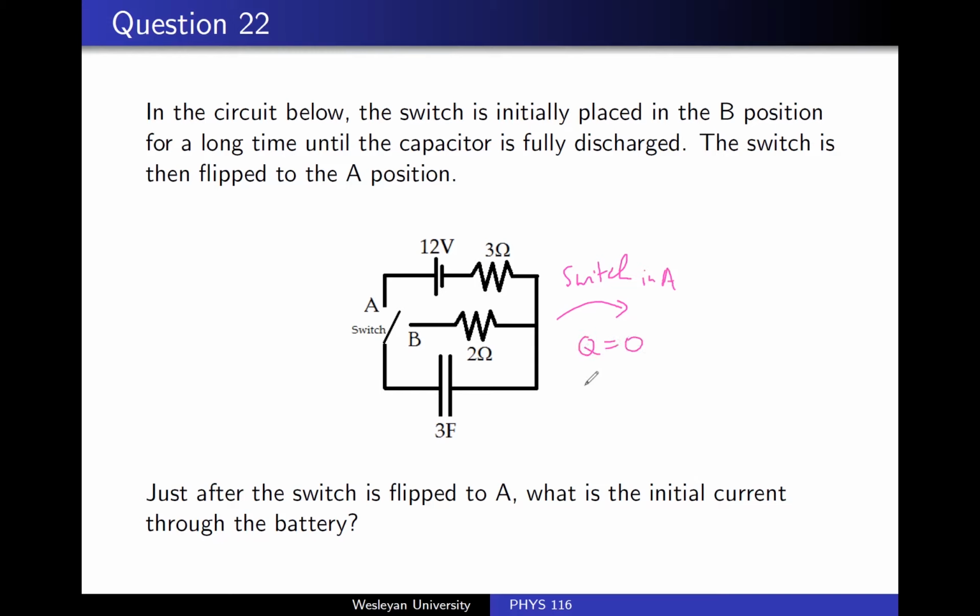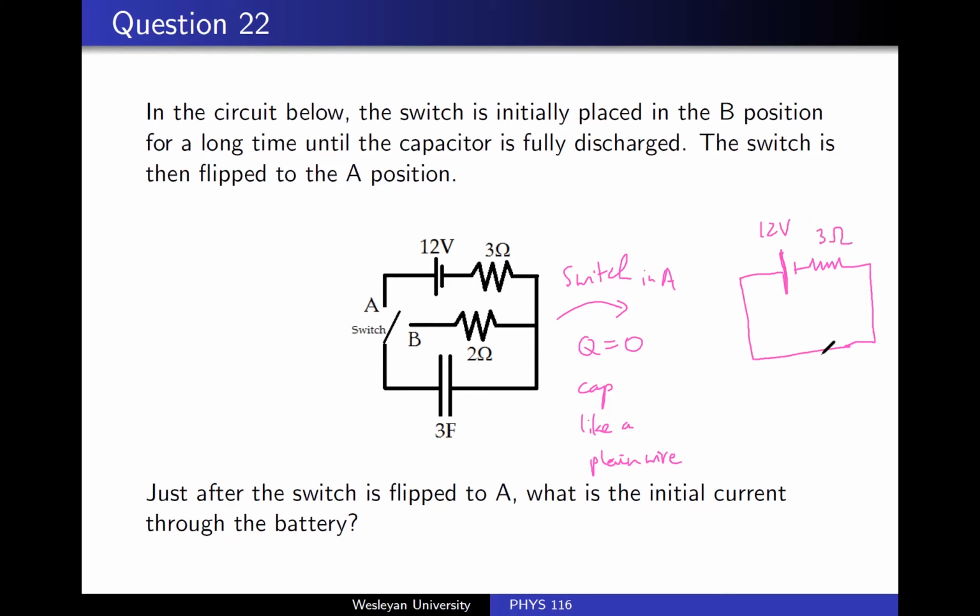And so we treat the capacitor like a plain wire. With that understanding, what does the circuit look like? It looks just like this. We have a 12-volt battery, we have a 3 ohm resistor.